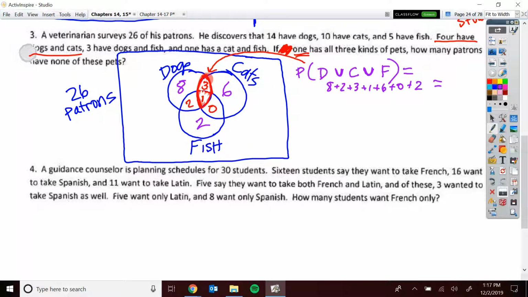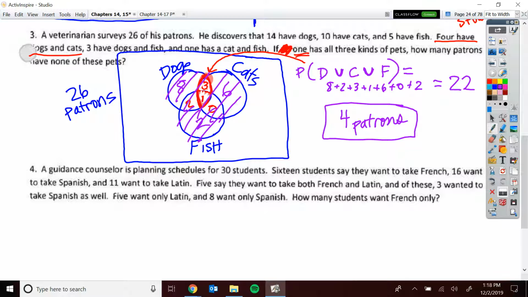And I think that equals, I got a total of 22. I got 22 items in this whole circle section. So how many patrons have something else? So 4 patrons have something else. So it's kind of like the complement of that.